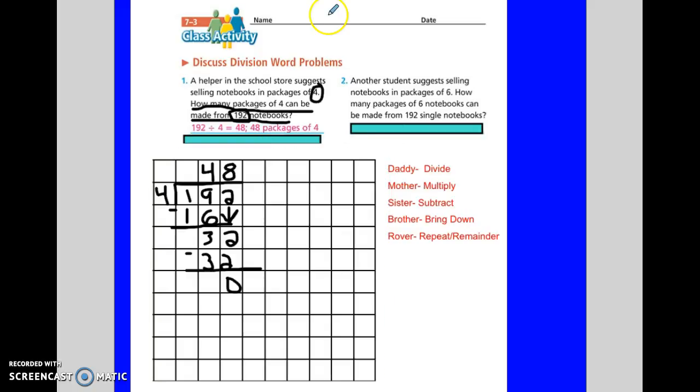All right, so let's go solve this one. This time I'm looking at 6. I'm looking at 192. So how many times does 6 go into 192? I'm going to write my problem here. 6 into 192.